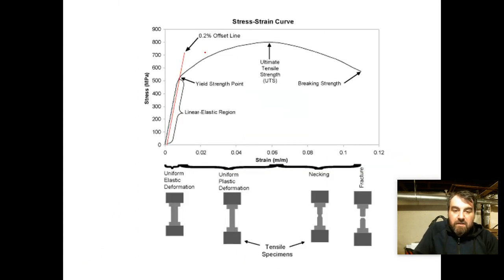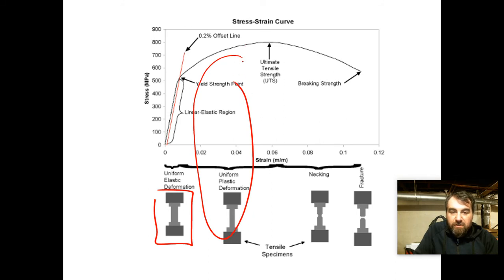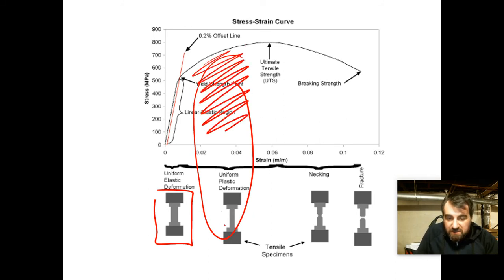All right. So here's a graph that shows you what's happening. Right here, this is the material being stretched in the elastic region. This is where it's linear. Then you move over here. This part is where the material is going into plastic deformation. You can see the material has stretched. These are all the same material, right?